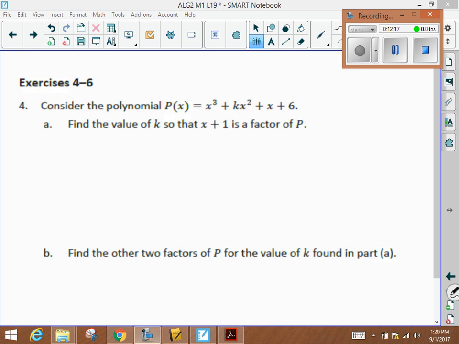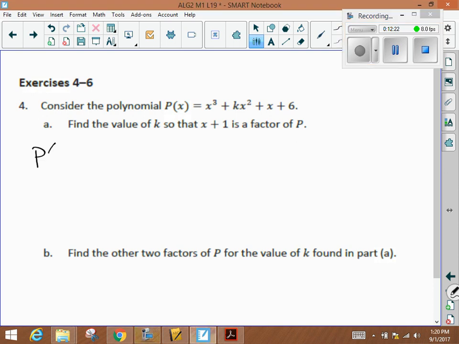What happens, right? So remember, from our remainder theorem, we know that if we plug -1 into this, if we look at p of -1, that would tell us what our remainder would be if we divided it by x plus 1, right?